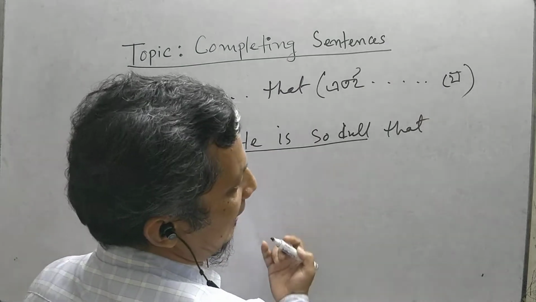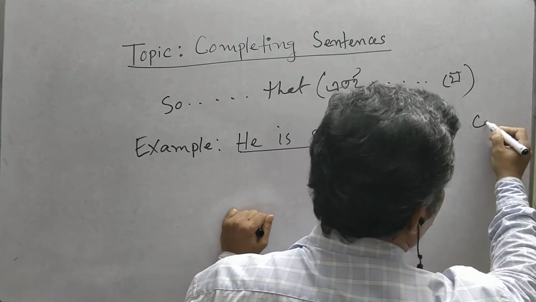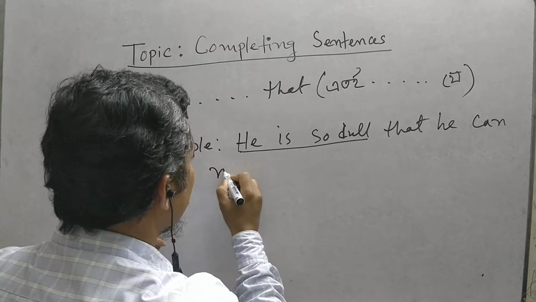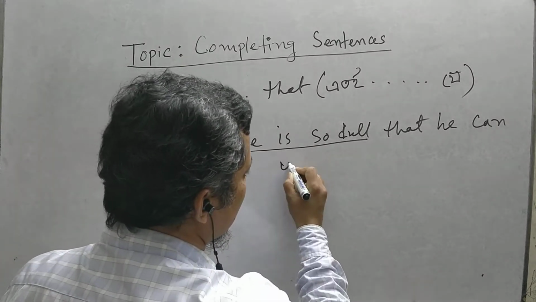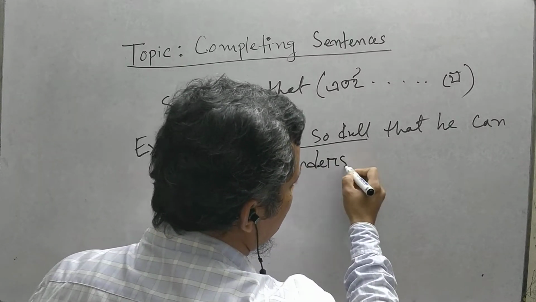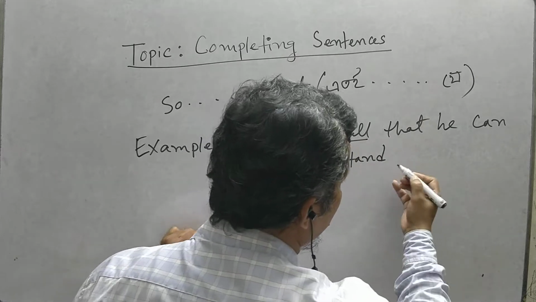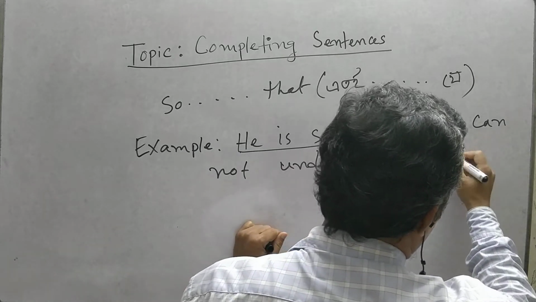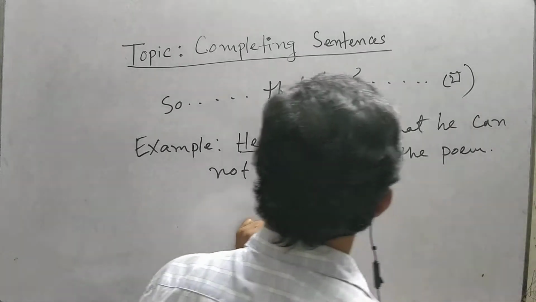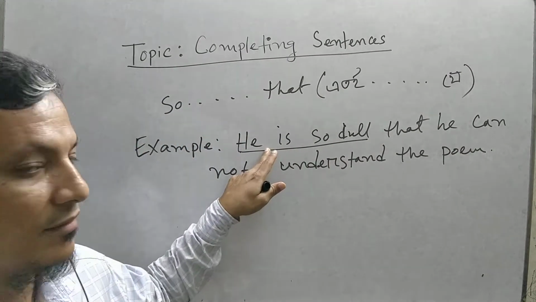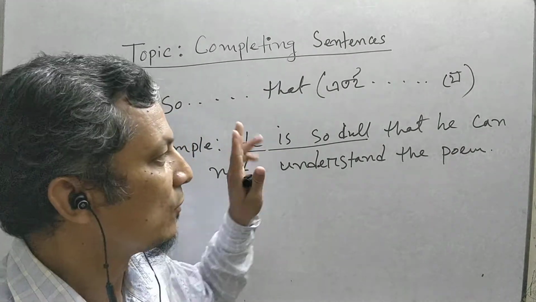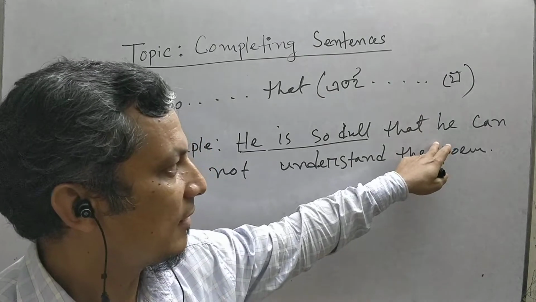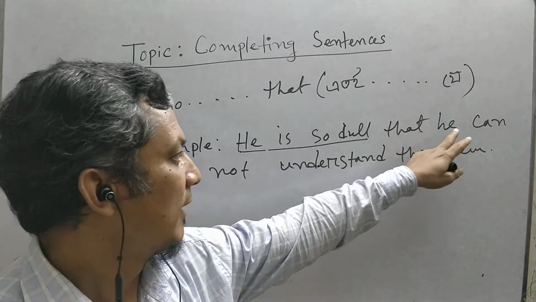He is so dull that he cannot understand the poem. He is so dull. It is in negative sense. So when I write the answer, I have to follow negative sense.